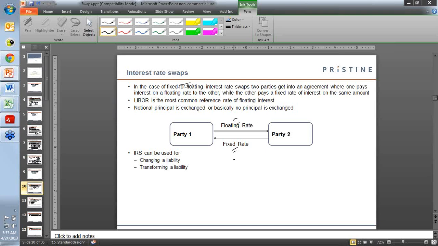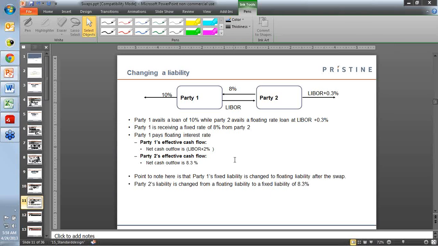Okay, so let's look at an example here. We have party 1 that has the opportunity to avail of a fixed rate loan at 10%, and party 2 has the opportunity to avail of a floating rate loan at LIBOR plus 0.3%.